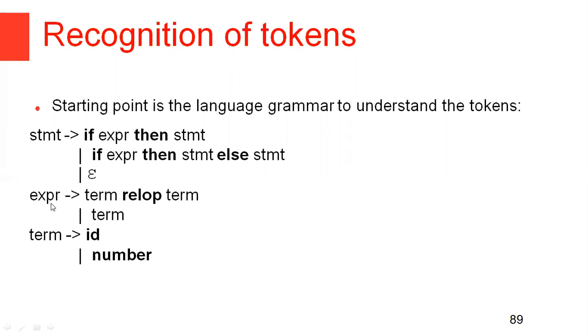Second one, expression. For the representation of expression we use capital E, and term is used as capital T. Relop means we are specifying the relop conditions: less than, greater than, greater than or equal to, less than or equal to, double equals, and not equals.